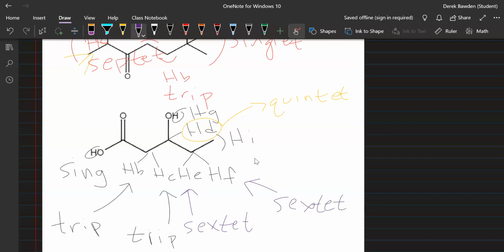And then HG, again with the trick of not being able to go through an oxygen, although it is within 3 sigma bonds of HD, does not count as a neighbor. So that's going to be a singlet, no neighbors. Any questions?